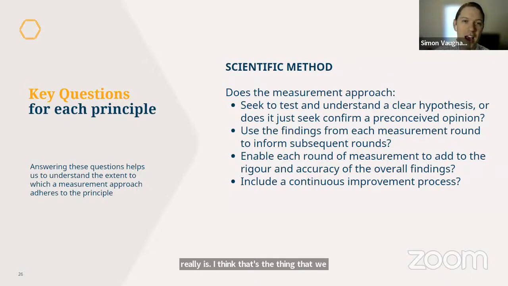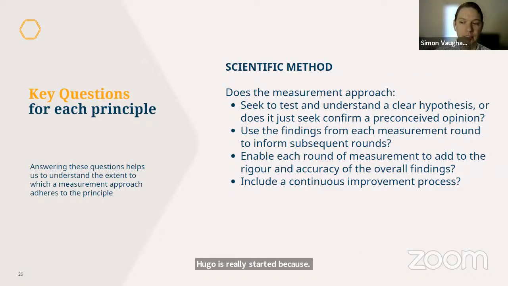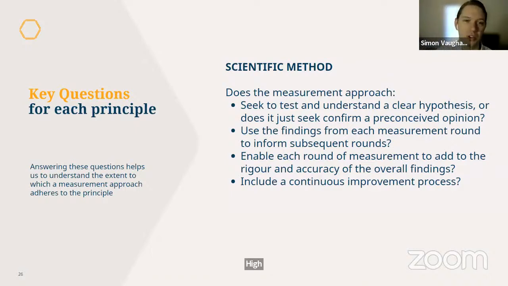And so, Huber was really started because there wasn't necessarily someone filling the niche of social impact measurement. So we had individuals and organizations doing organization-level program evaluation. And then you've got academics doing high-rigor academic studies, which often take years and years to produce results, right?